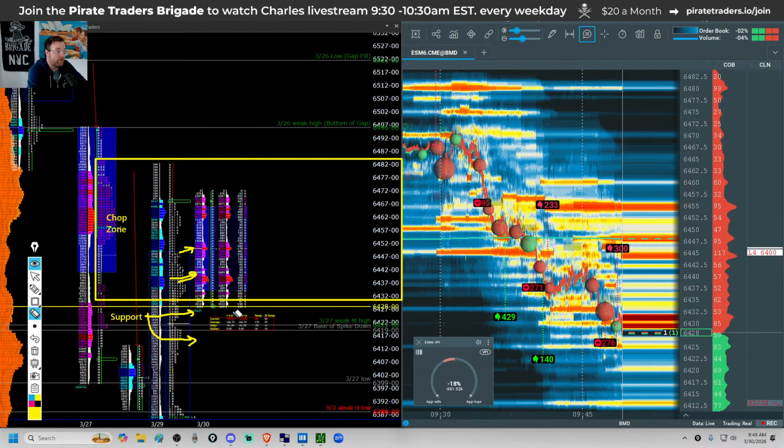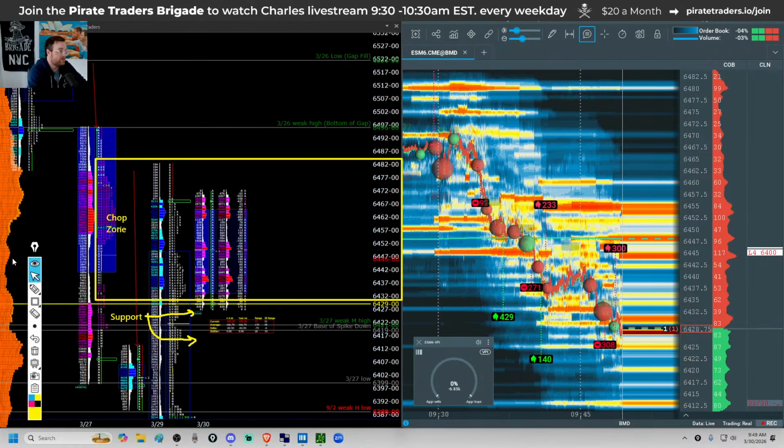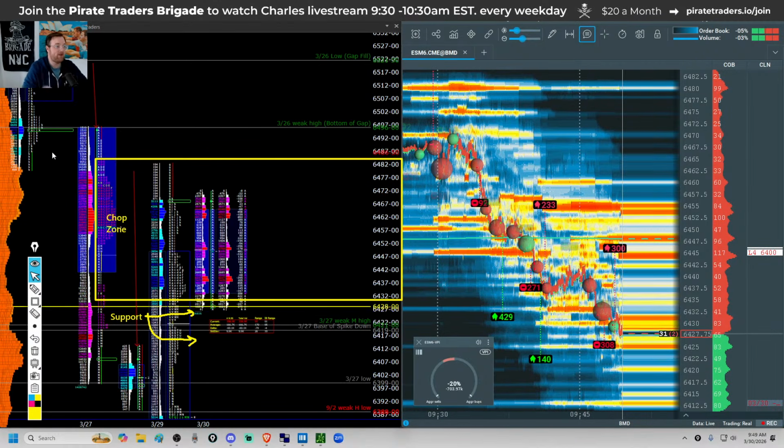So moment of truth for the buyers. If they want to reverse up and out of here, it's now or never. They need a bounce, lest the selling pressure takes them all out.